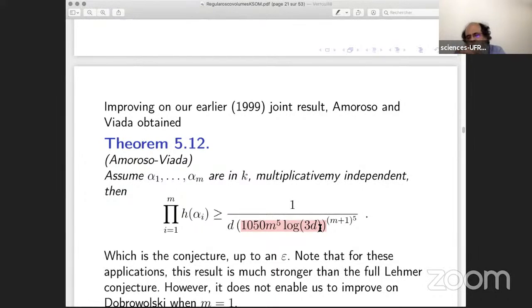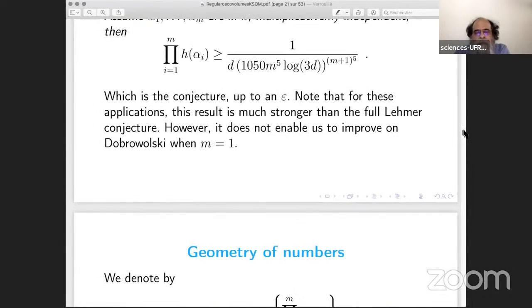And so you have something which is 1 over d to the power epsilon. So you don't quite reach that, and you see that you are at the limit. You would need a 2-dimensional version of Lehmer to be able to prove that statement.